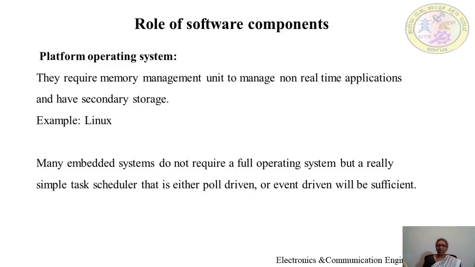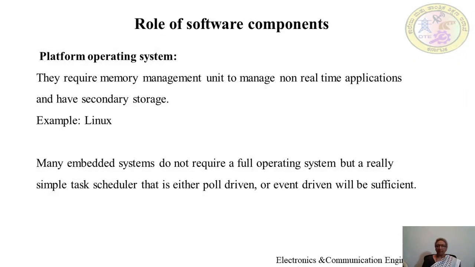They simply need a very simple task scheduler which is going to allocate the series of tasks which should be done in a sequential manner, and this could also be implemented in two ways. That is, the task scheduler can be implemented in two ways. Either it may be poll driven or event driven.